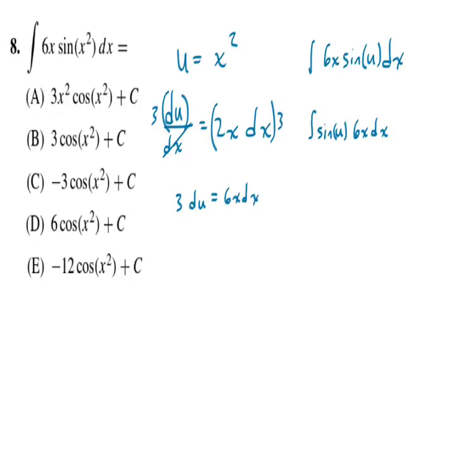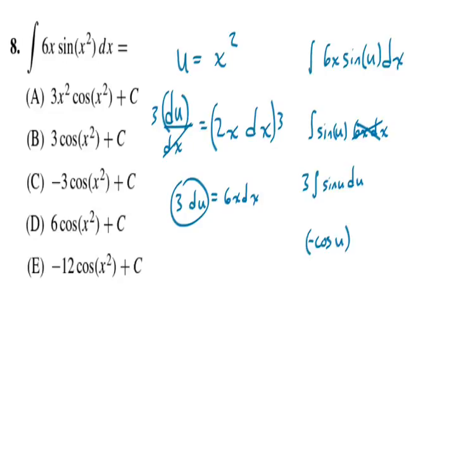We wanted 6x dx. So I'm going to take out 6x dx, and in its place, I'm going to put 3 du. Now 3 is a scalar, it doesn't have a variable attached to it, so I'm going to put it out in front. So we have 3 integral sine u du. Now I just have to take the antiderivative of sine, which is negative cosine u.